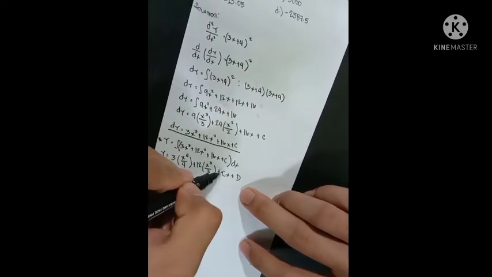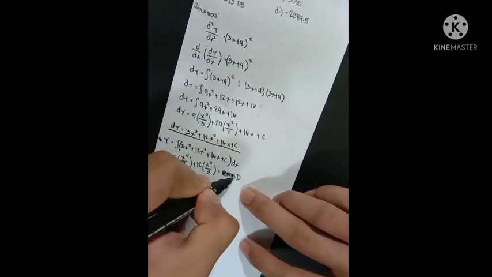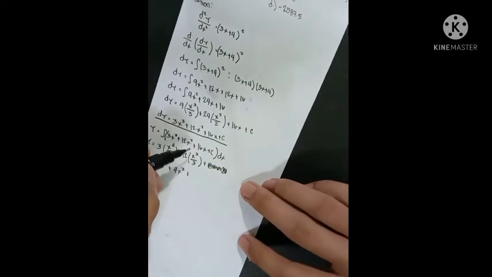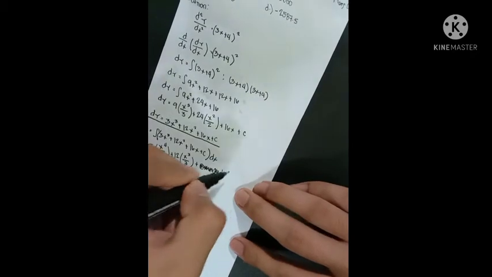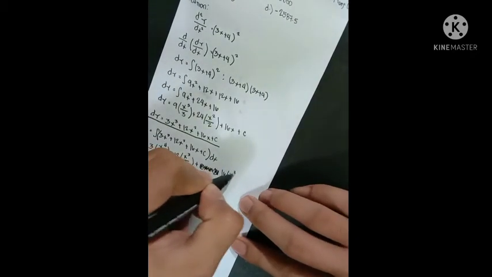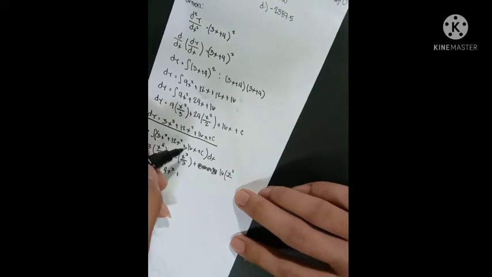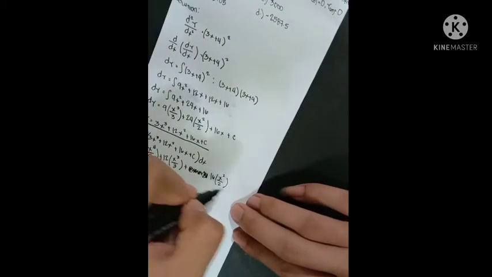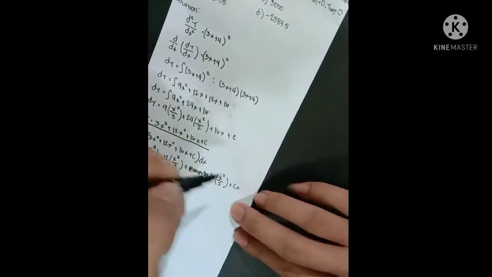So here we add plus 16 times x squared over 2, plus cx plus d.